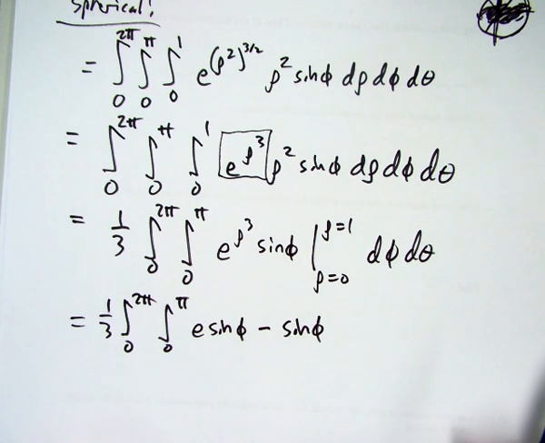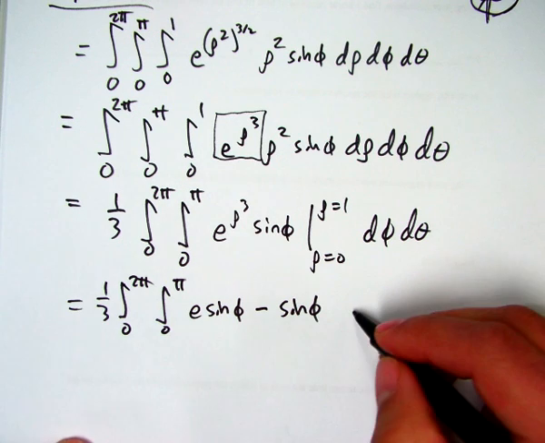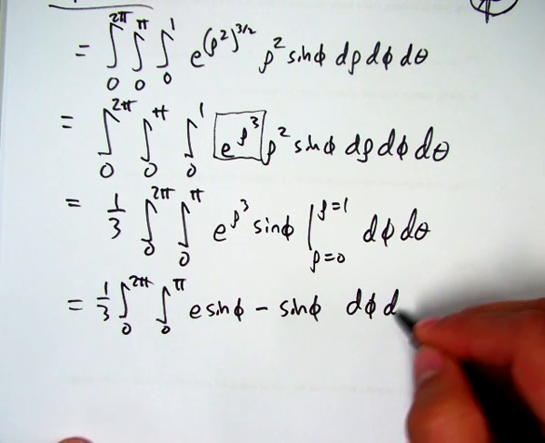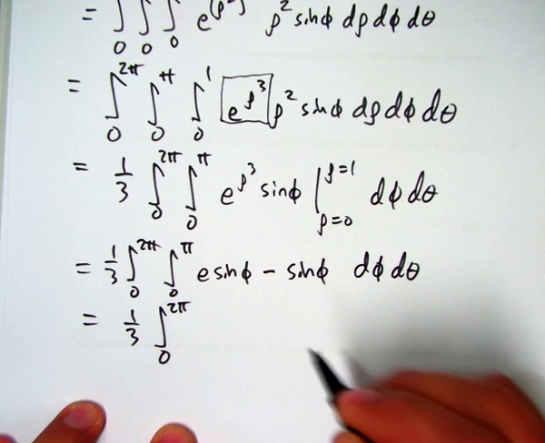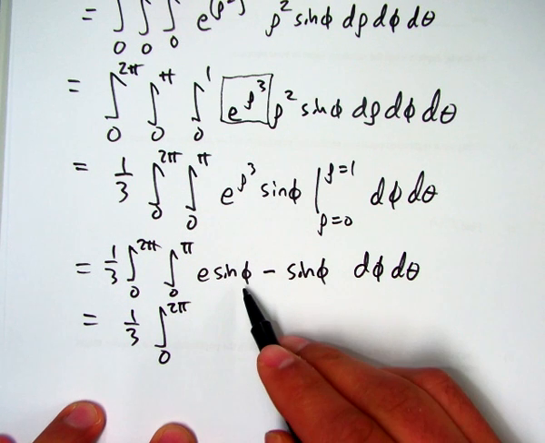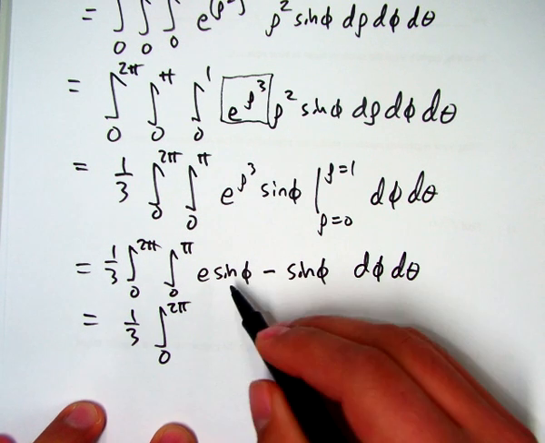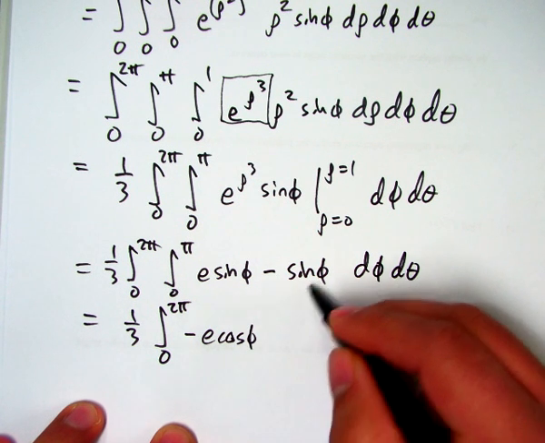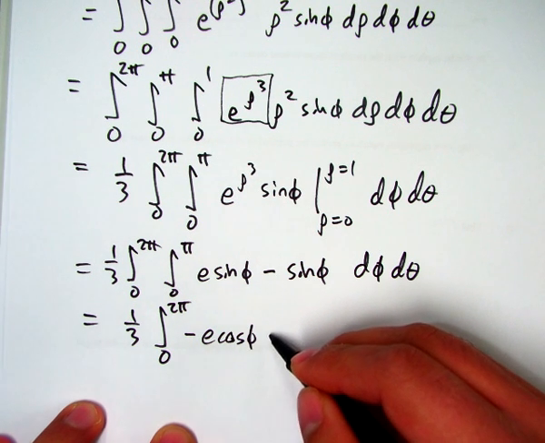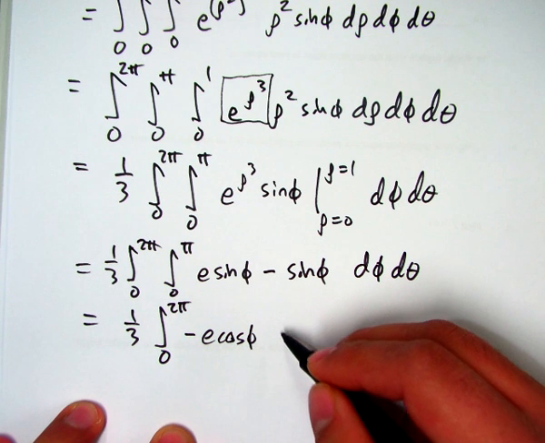Okay? Nice. So let's see. The integral of sine phi is going to become negative cosine phi.